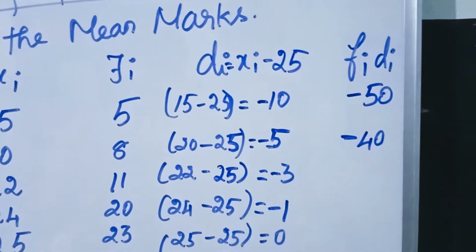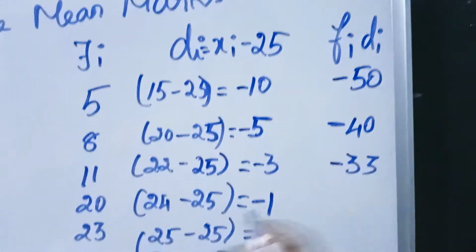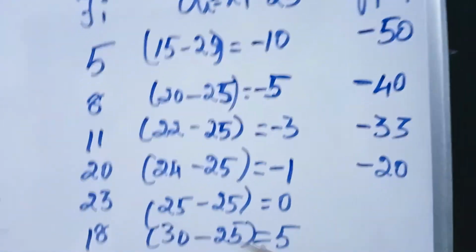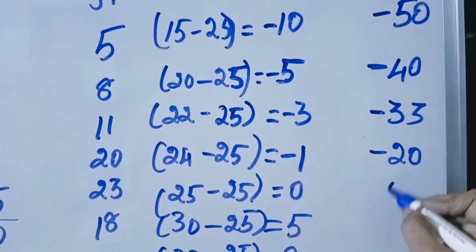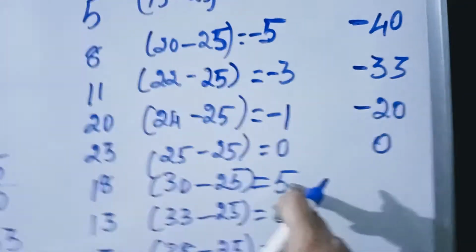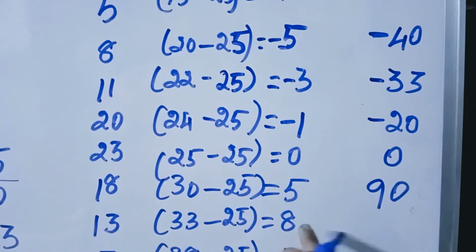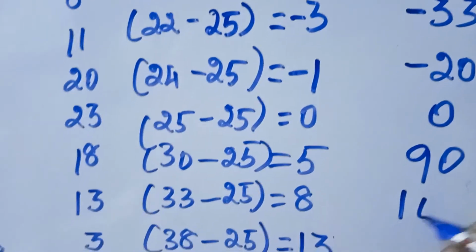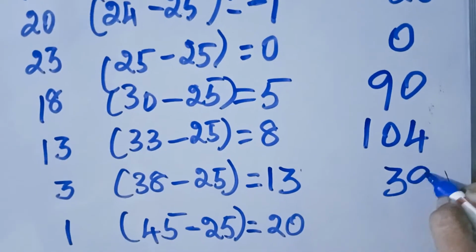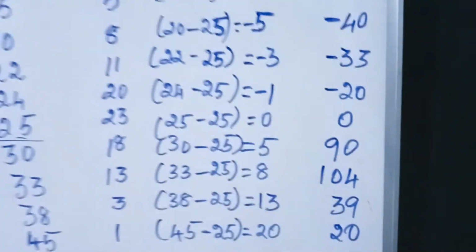Then 11 into 3: 11 3s are 33, and minus is there, so minus 33. 20 into 1 is minus 20. Then 23 into 0 is 0. Then 18 into 5 is 90. Then 13 into 8 is 104, 3 into 13 is 39, and 6 into 20 is 120. This is our fi di value.